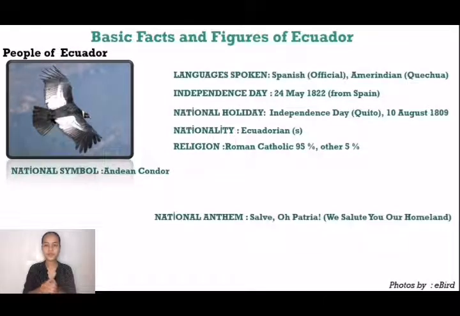Now let's move on to the basic facts about the people of Ecuador. Languages spoken in Ecuador are Spanish and Amerindian languages. Their Independence Day is 24 May 1822. It is the independence they gained from Spain.